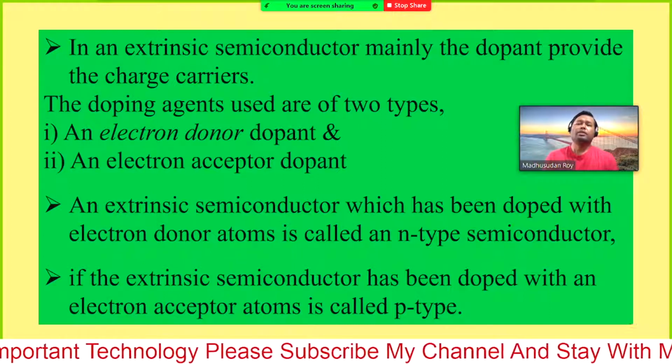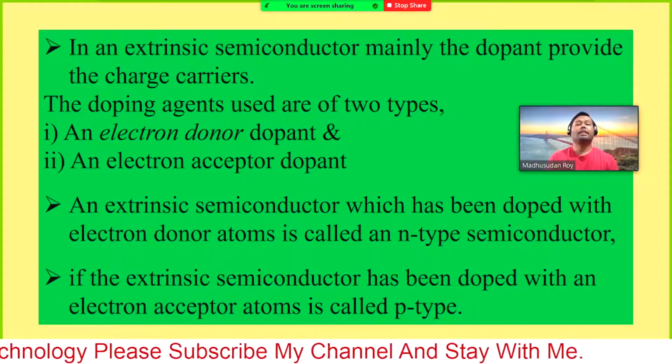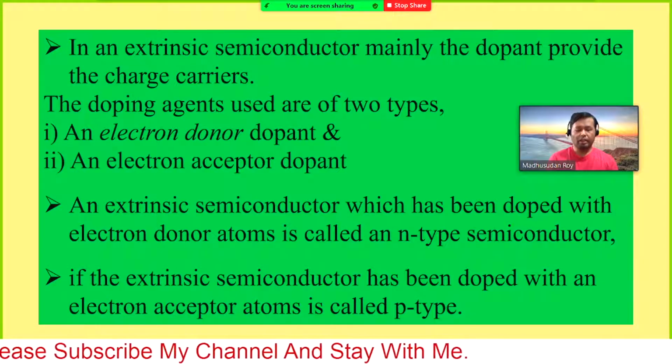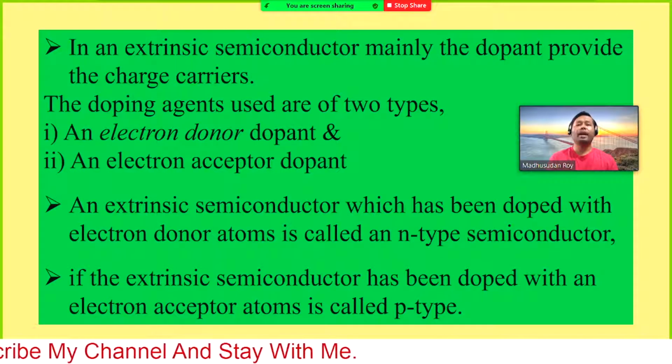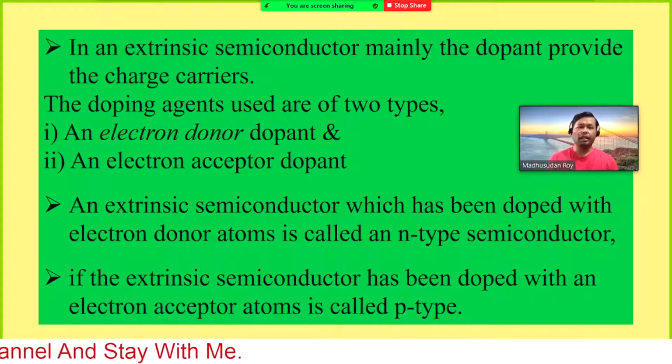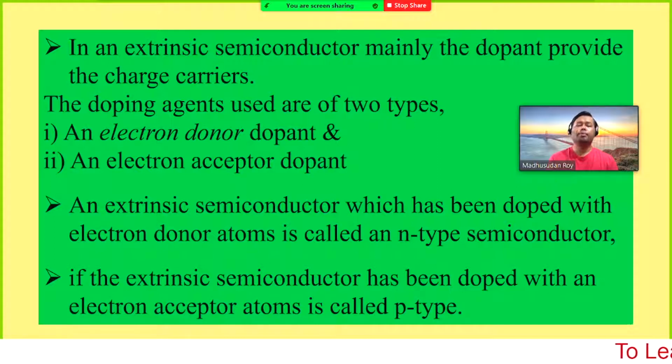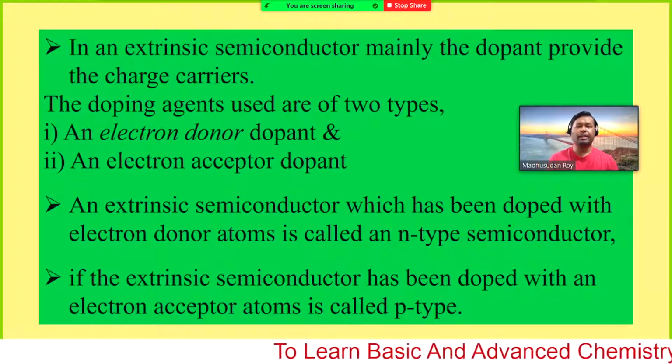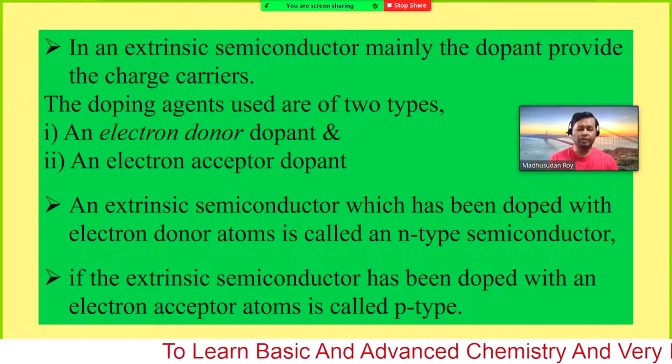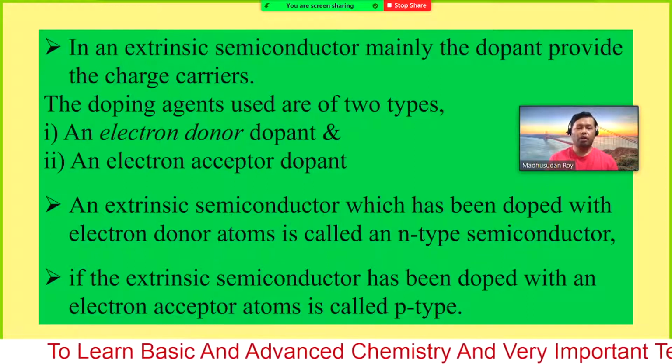Therefore electron donor can be an atom having 5 electrons in the outermost shell. So those elements who have 5 electrons in the outermost shell, in the periodic table either group 5 or group 15, like phosphorus, then nitrogen, or like this.